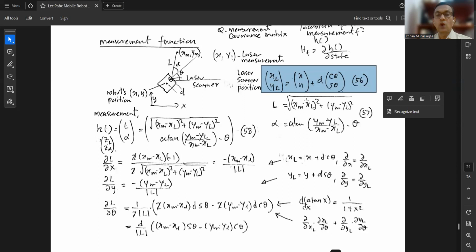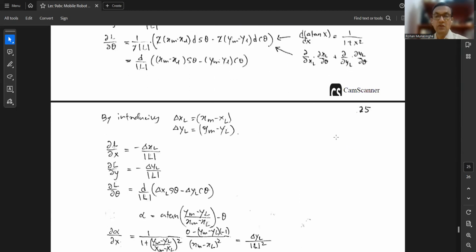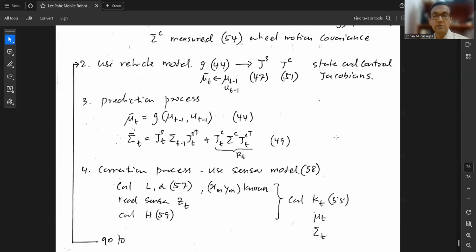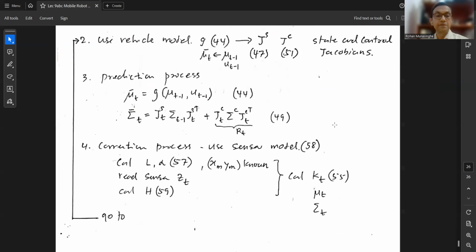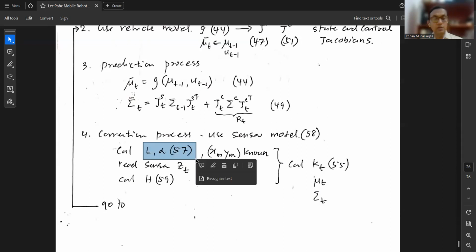So once you have xl, yl, you put it over here to 57 and calculate ln alpha. So this is the prediction without any measurements. In fact, you need equation 56 also here. I have to add that to this algorithm. 56 and 57 together over here, right? You calculate your ln alpha.